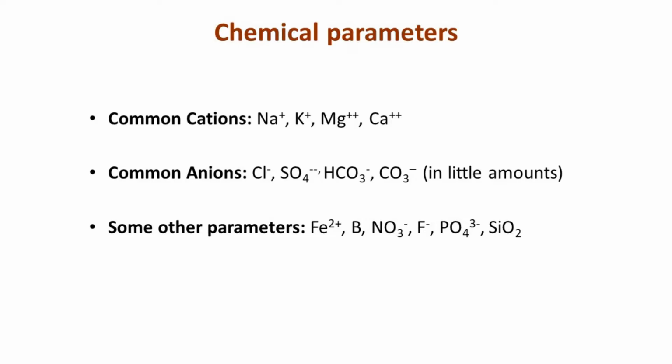Some other parameters are also taken into consideration while talking about the quality of groundwater. These include iron, boron, nitrate, fluorine, phosphate and silica. Sometimes acidified water samples are also collected to find out natural or artificial pollutants like iron, lead, arsenic, zinc, mercury, chromium, etc.